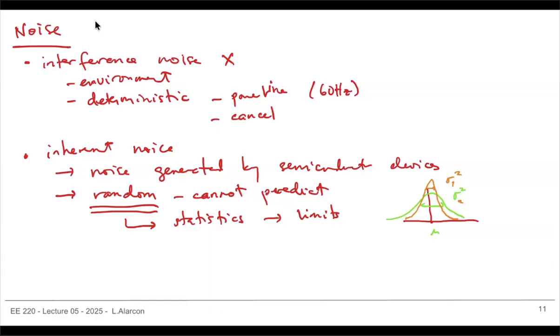okay, if I have a larger variance, then the values that I get are more spread out. It's still random. I cannot predict what will happen next. But on the average, I see that they're clustered around certain points. Okay? And then I can start looking at limits, right? So if I model this as a Gaussian, then after 3 sigma, I know that there's going to be a very low probability of that happening.